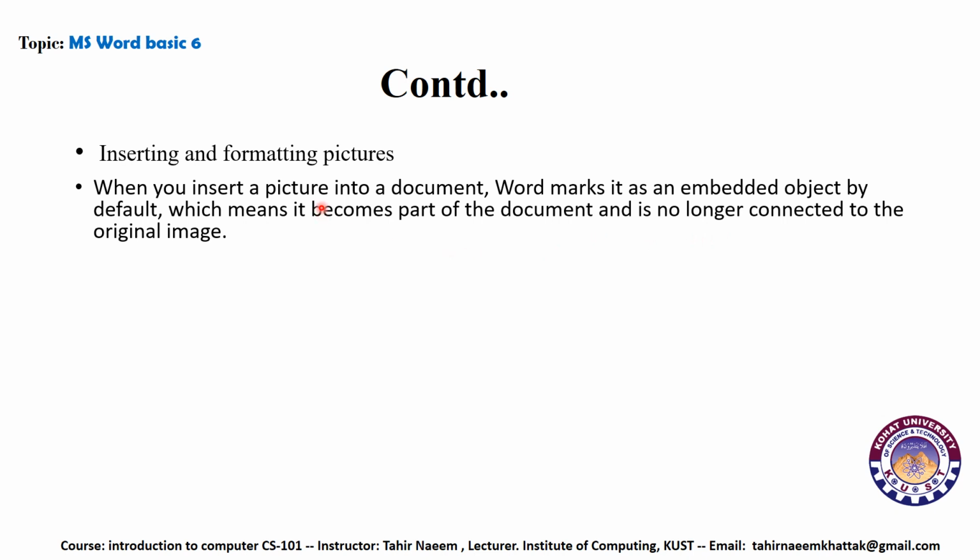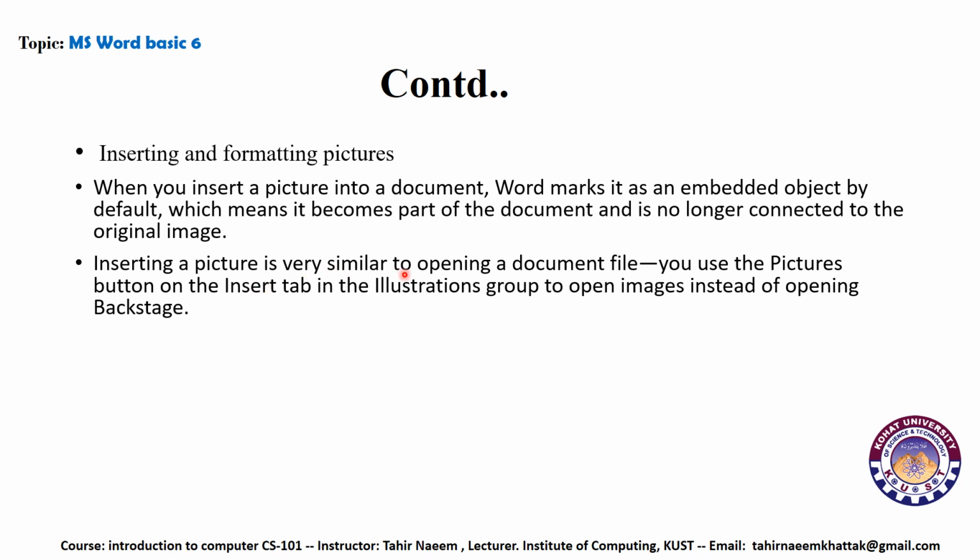In the illustrations group, we mostly use the picture option, in which we insert a picture inside our document, because a lot of the time we need pictures, like if you want to make a CV, then we want to insert our picture. So we can also embed our picture, we can copy our picture from our PC inside the document.